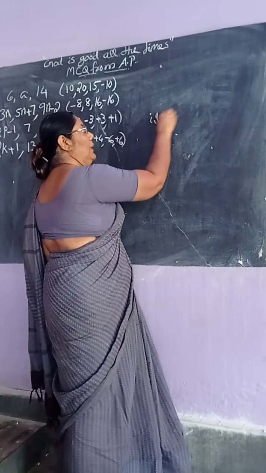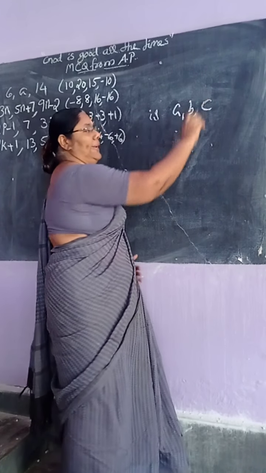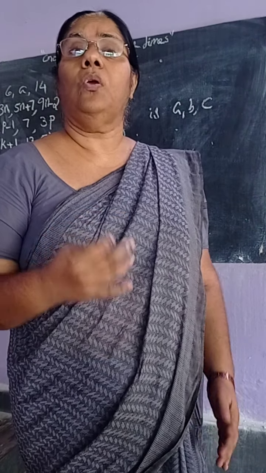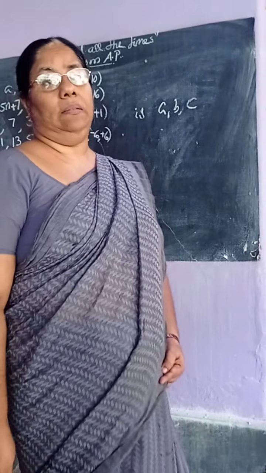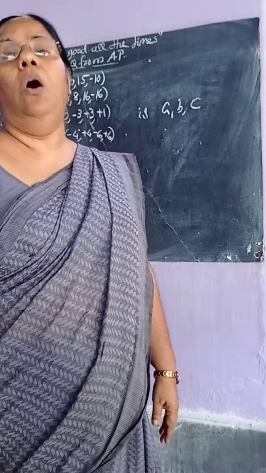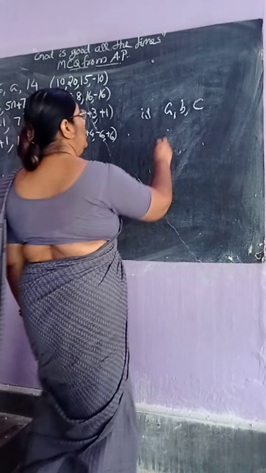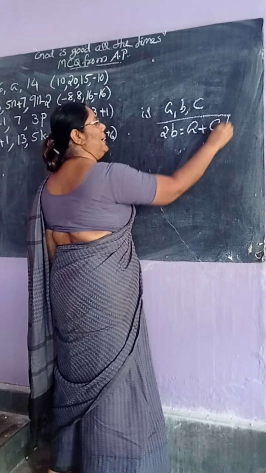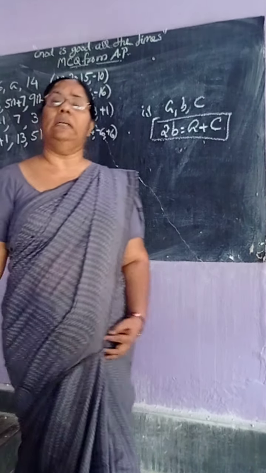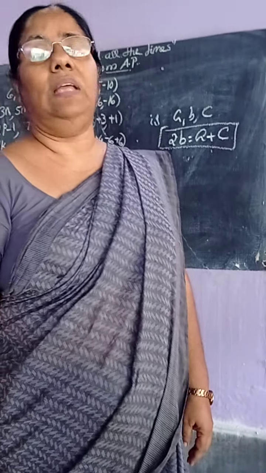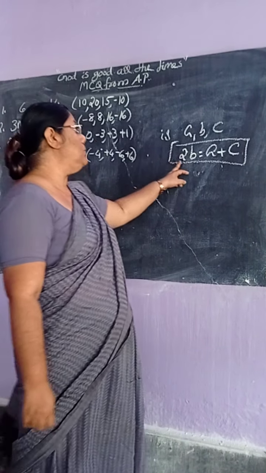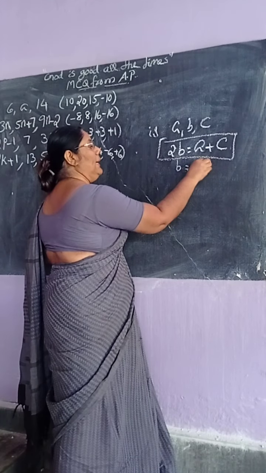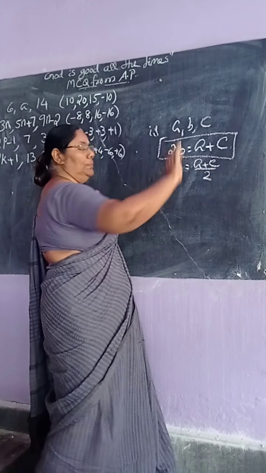If a, b, c are three consecutive terms of an AP, then twice the middle term is equal to the sum of the extremes. 2b equal to a plus c, or you can write b is equal to a plus c by 2.